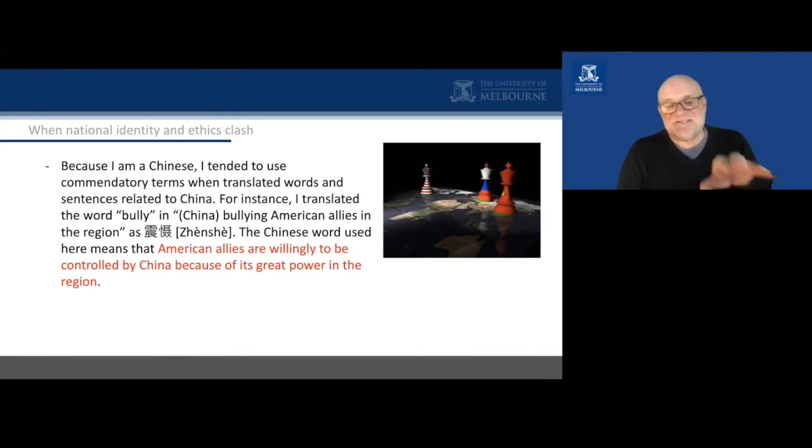I actually used this example in a talk at the International Translators Federation Congress in Brisbane a few years ago. At the end of my talk, we had somebody from the Chinese embassy speak after me and give a whole explanation of China's role in the South China Sea and how it's a peace-loving nation, and corrected me because I brought up this example.